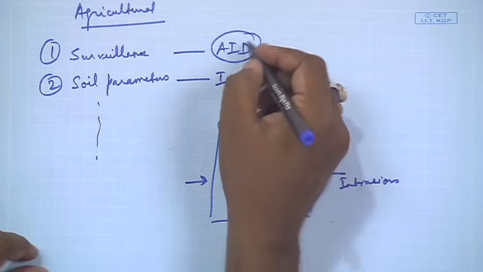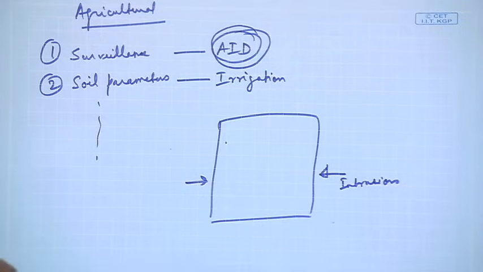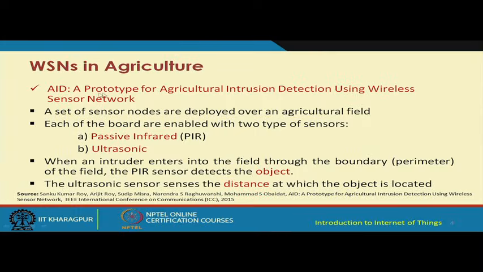So, this kind of surveillance of the field is also very much required. So, this kind of intrusions have to be detected, and this can be done with the help of this technology, the system that we have developed, which is known as the AID. So, AID is basically a prototype for agricultural intrusion detection using wireless sensor networks.